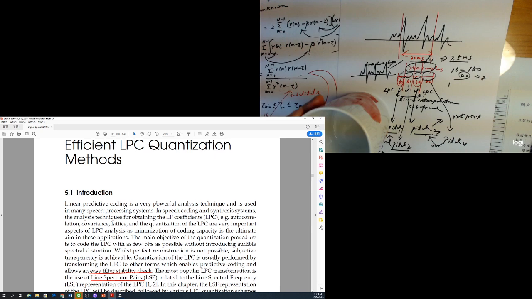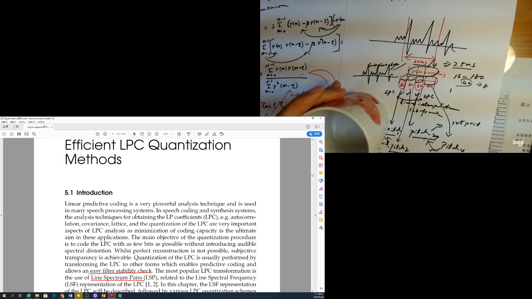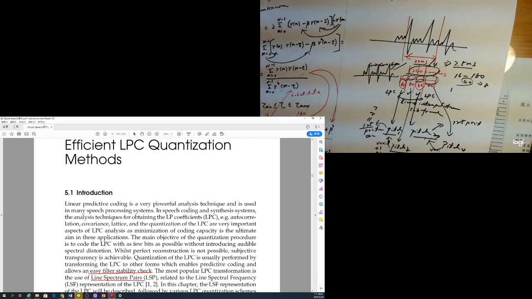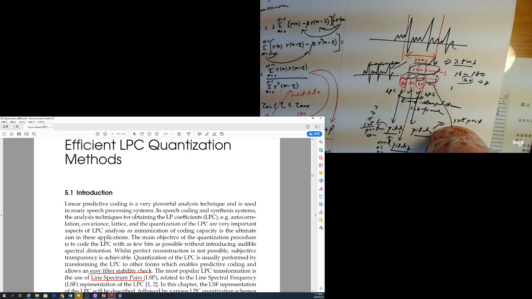In chapter 5, the first issue is how to quantize the LPC coefficients. Because you have 10 coefficients, like P equal to 10, we have to think about how to do the quantization.